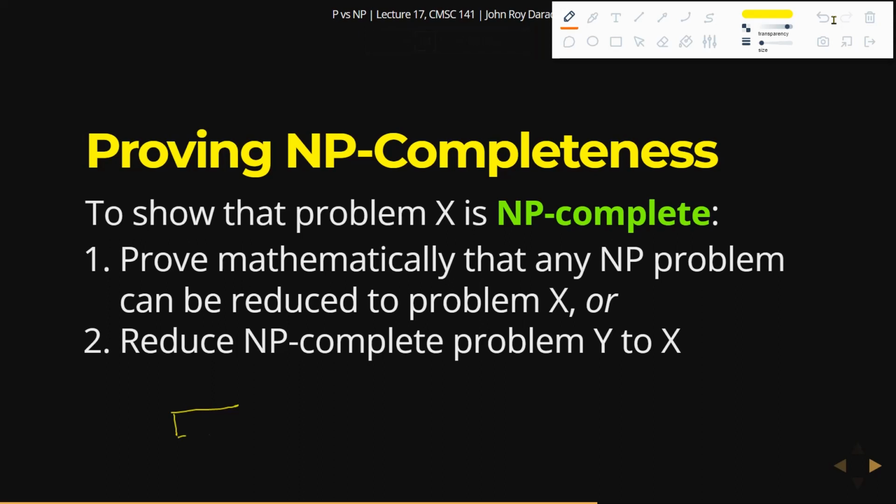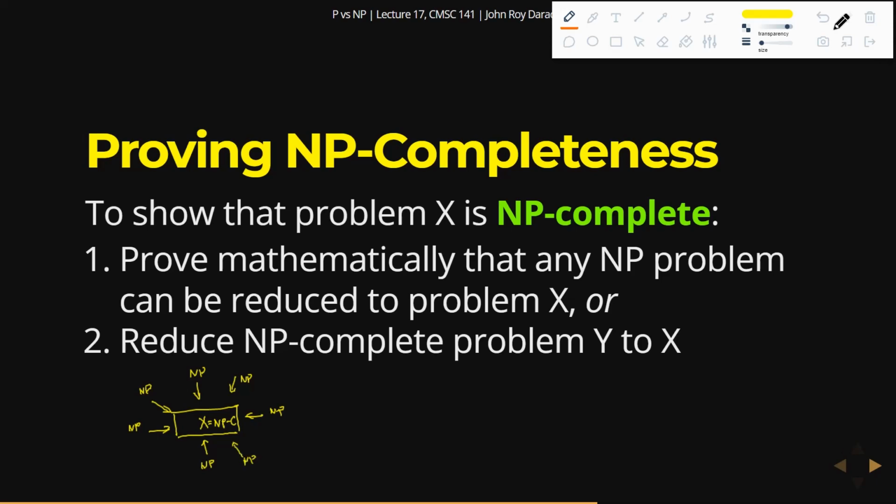If you wanted to show that problem X is NP-complete, you have to show that all NP problems reduce to it. Show that all NP problems can be solved using this problem X. Okay, that's one.